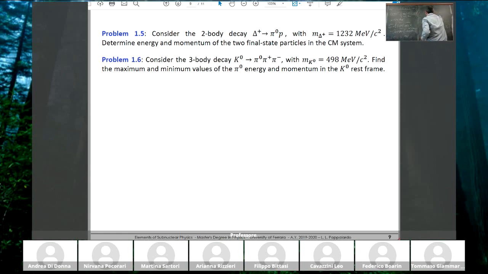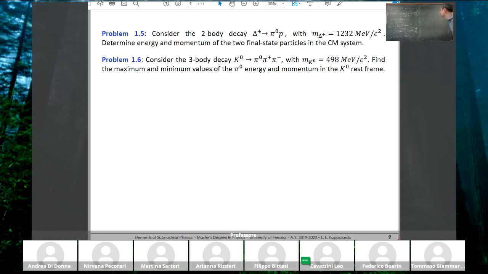The second, we are asking about the minimum energy and momentum of the pi zero. So can anybody tell me in which configuration the pi zero gets the minimum energy, minimum momentum? Any idea? Maybe when the momenta of pi plus and pi minus are opposite.